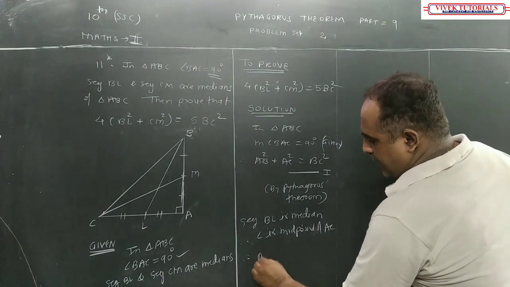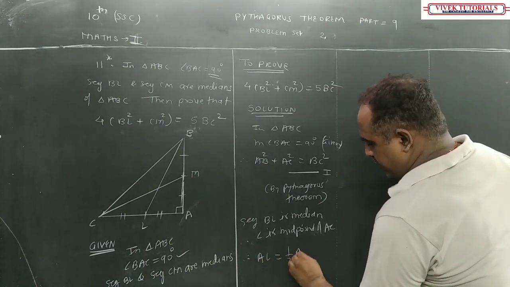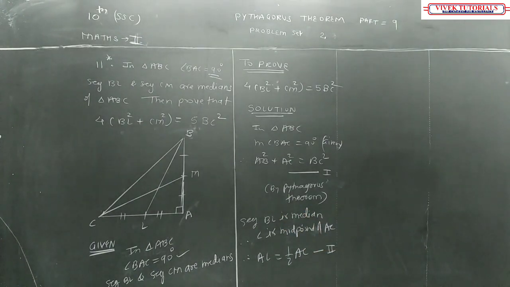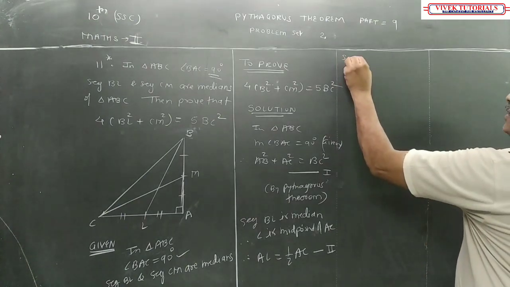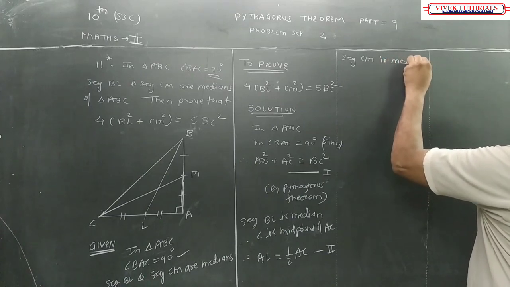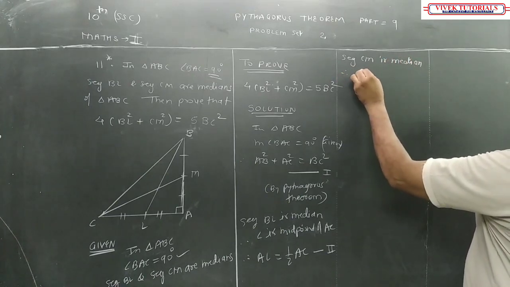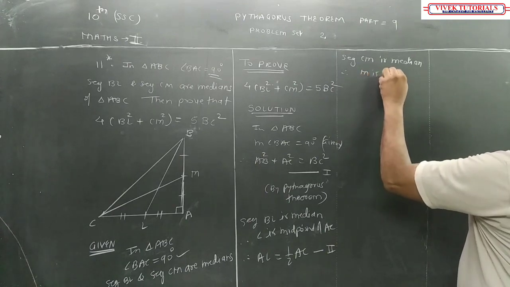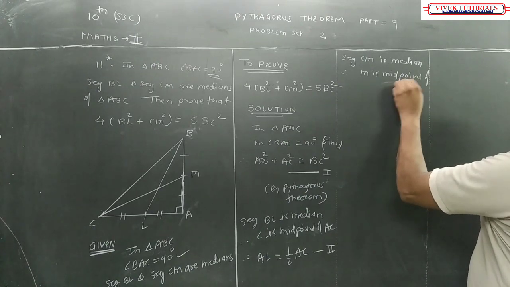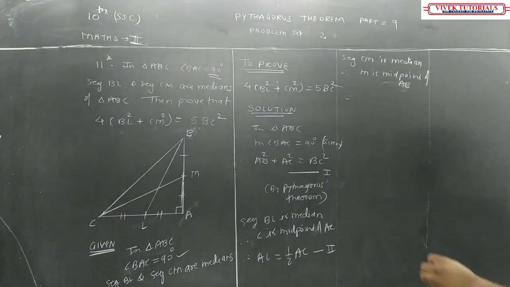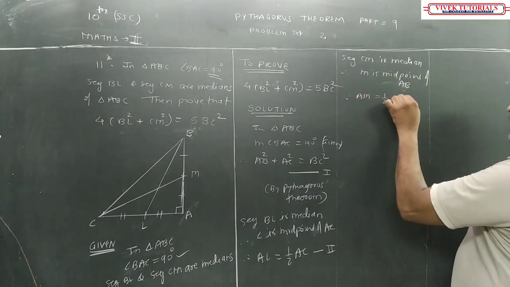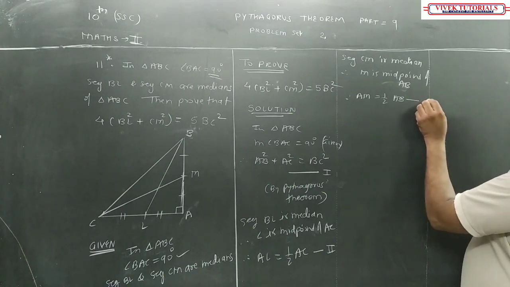Therefore, AL is half of AC is equation number 2. Then I can write segment CM is median. Therefore, M is the midpoint of AB. Therefore, AM is half of AB is equation number 3.